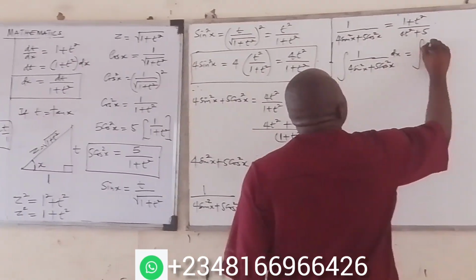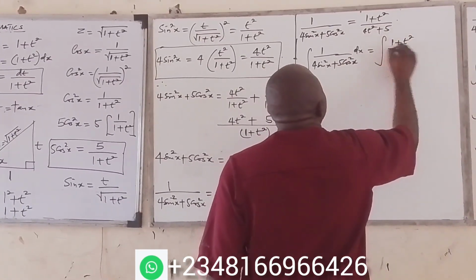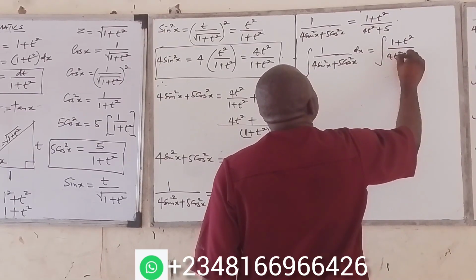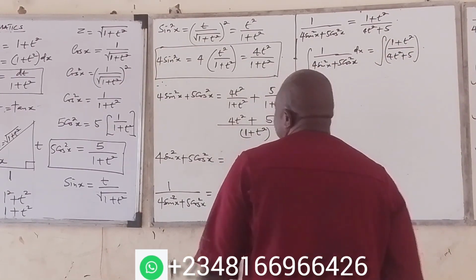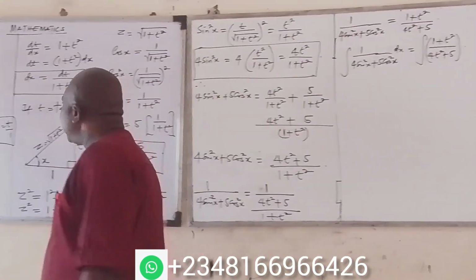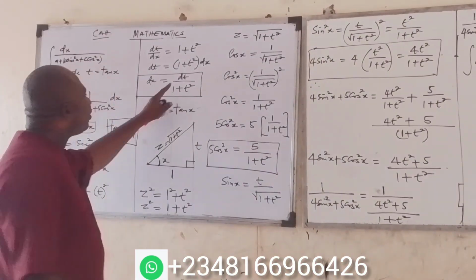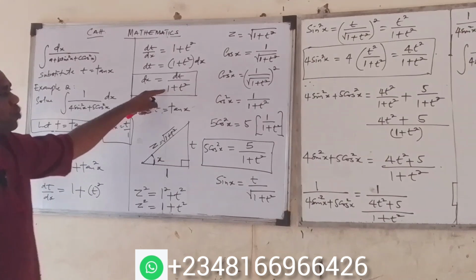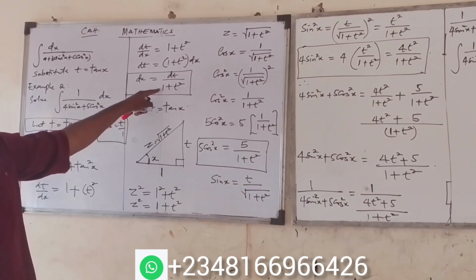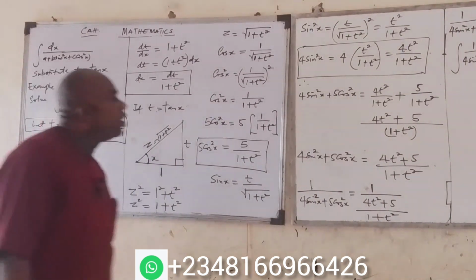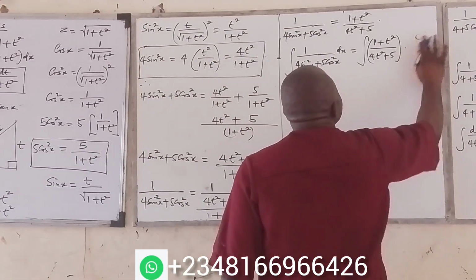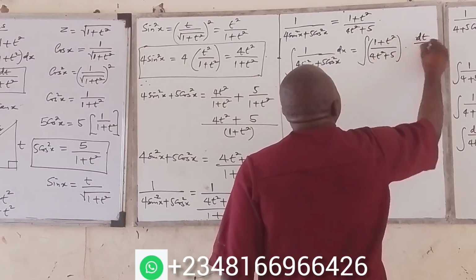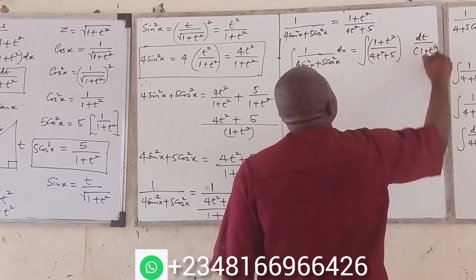So here we have 1 plus t square all over 4t squared plus 5, then times the value of our dx. I remember here we said the dx is dt all over 1 plus t squared. Yes, we have it here. It means this will be dt all over 1 plus t squared.